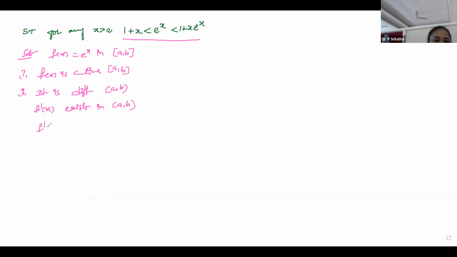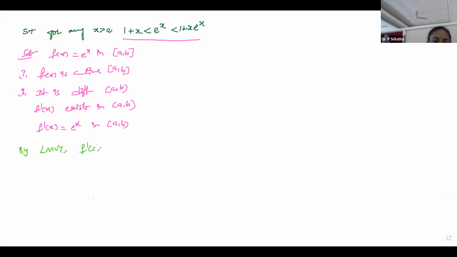So f dash of x exists in the open interval a comma b, and f dash of x is also e power x. Okay, so by Lagrange's mean value theorem, this is also a most important question, ma'am.